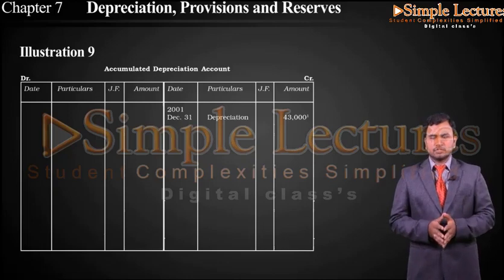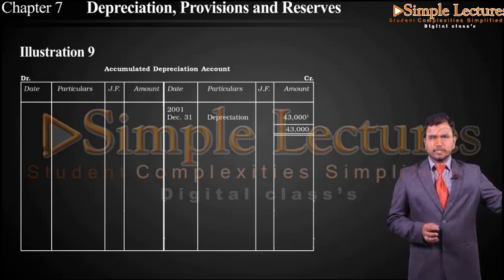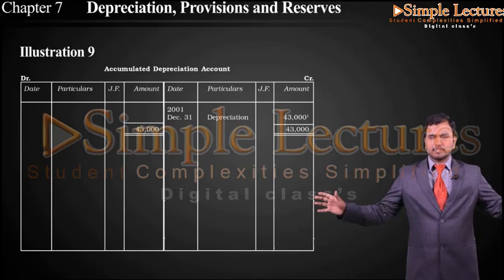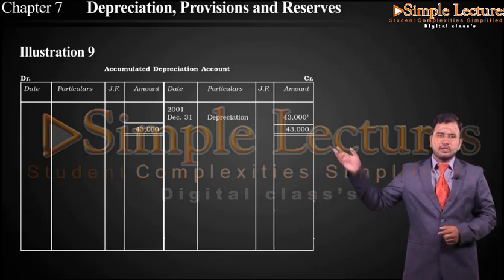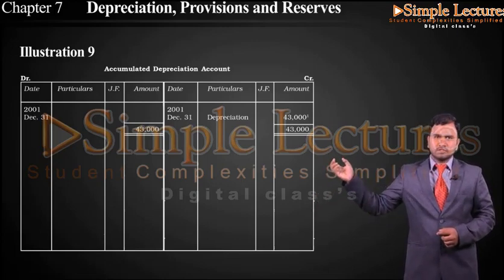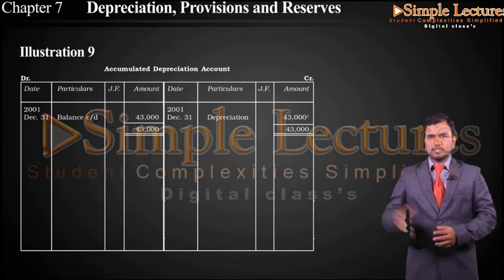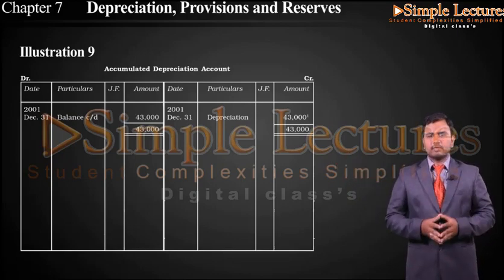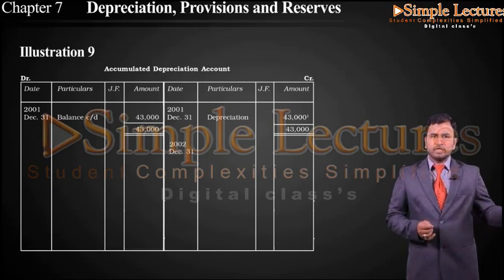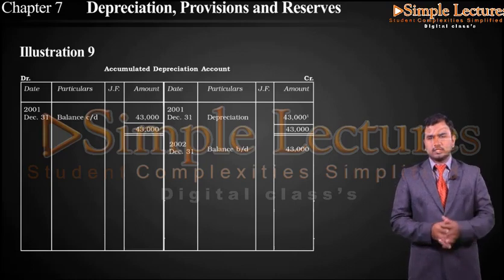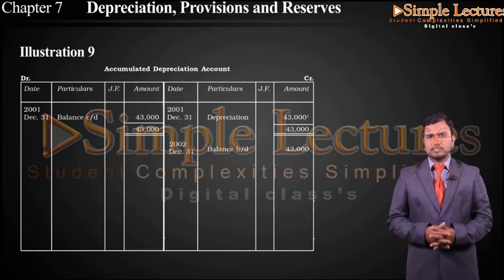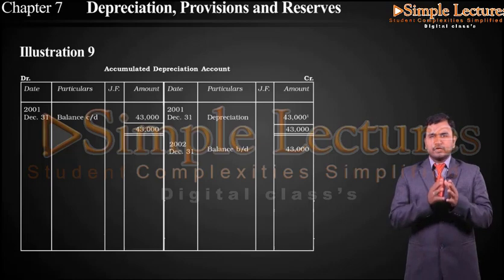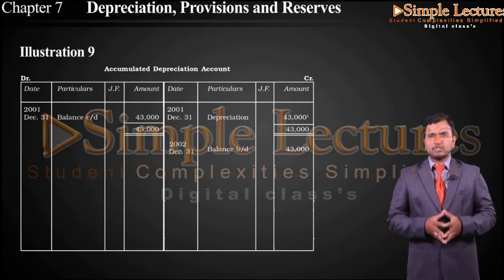Then we are going to close this particular year. Total of the credit side 43,000, same total in the debit side 43,000. Then above that, on the same date 31st December 2001, balance carried down 43,000. The same balance will be considered for the next year in the credit side, 31st December 2002, balance brought down 43,000. And again we are going to charge the depreciation on the cost, where 2,15,000 minus 43,000 into 20% gives us 34,400.